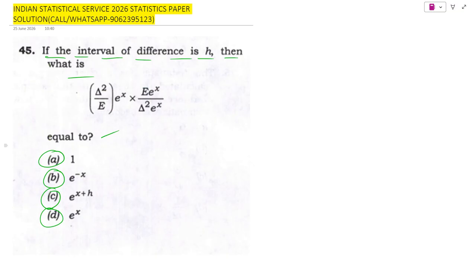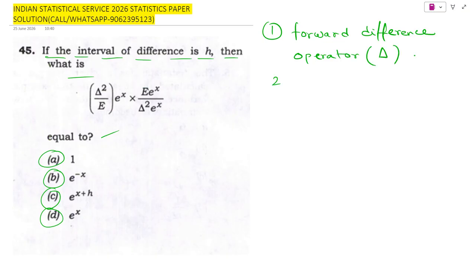Okay. So, before manipulating the expression, let's formalize the definitions of our two key actors: the forward difference operator, that is delta, and the shift operator, that is E. First, let's talk about the shift operator.